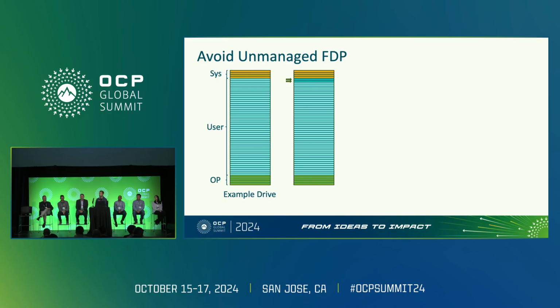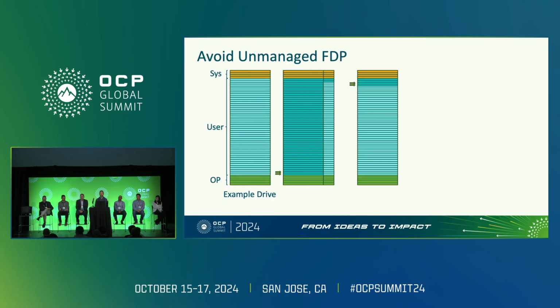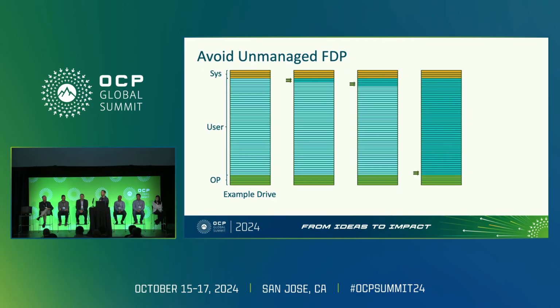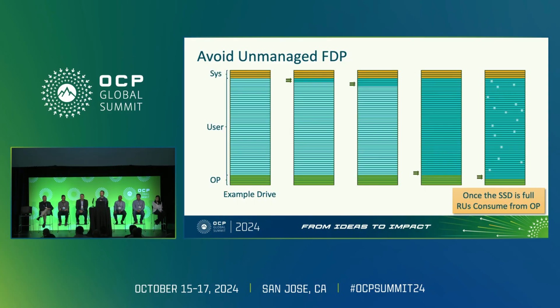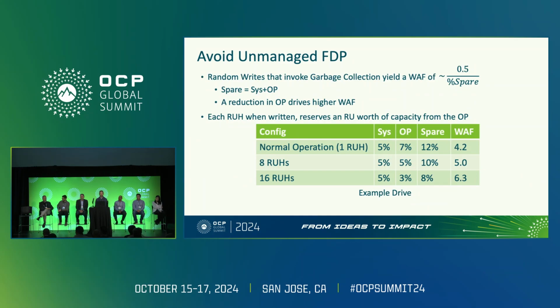In this example, we have 2 reclaim unit handles that are randomly writing the full logical space without any consideration for data separation. As the logical capacity becomes full, the reclaim unit handles will allocate reclaim units out of the over-provisioning.